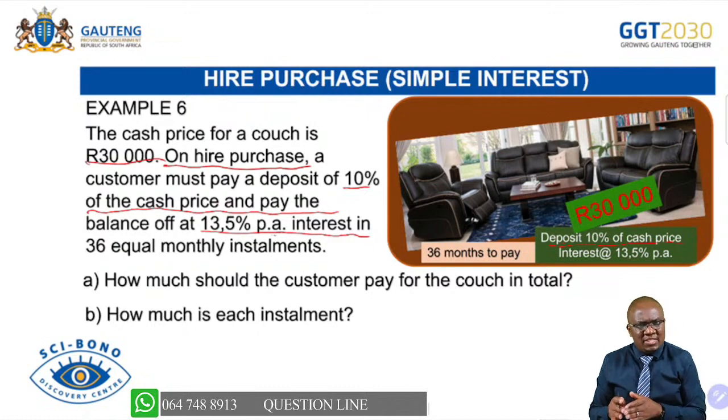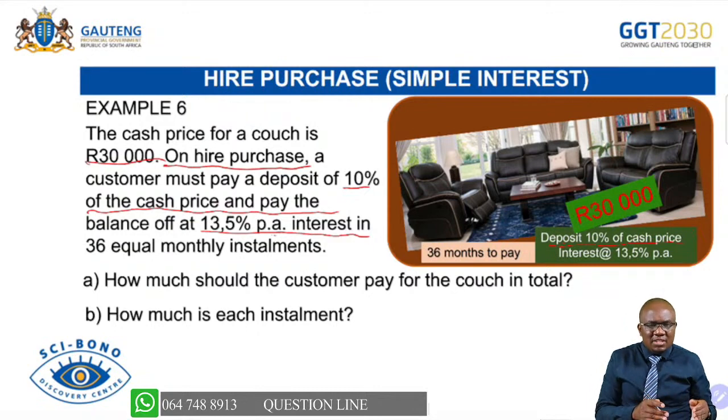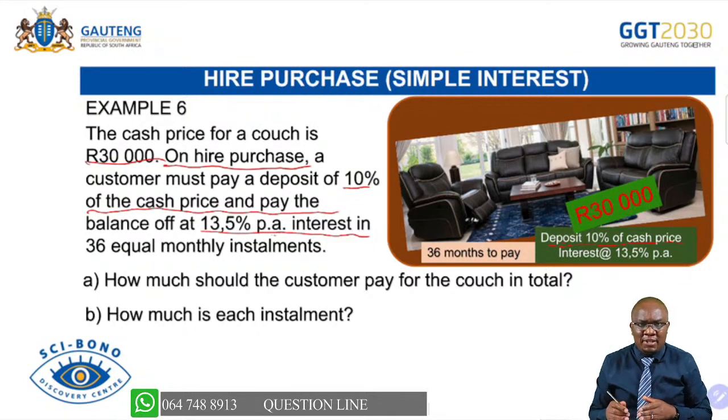I've borrowed 27,000. Understand that? The item is 30,000. I pay 10% of 30,000, which is 3,000. 30,000 minus 3,000 is 27,000. So it means I'm owing 27,000 at the beginning of that agreement.